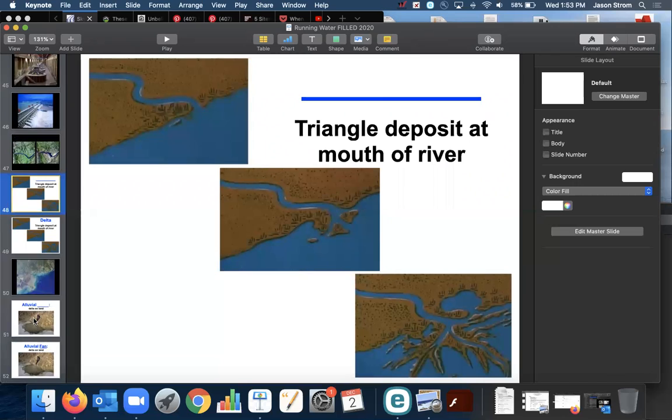Then on to this one, a delta. So it's kind of a triangular shaped area that's created by sediment being deposited when a river meets an ocean.